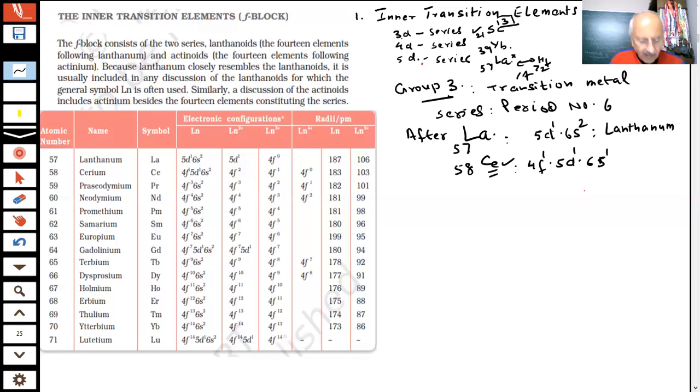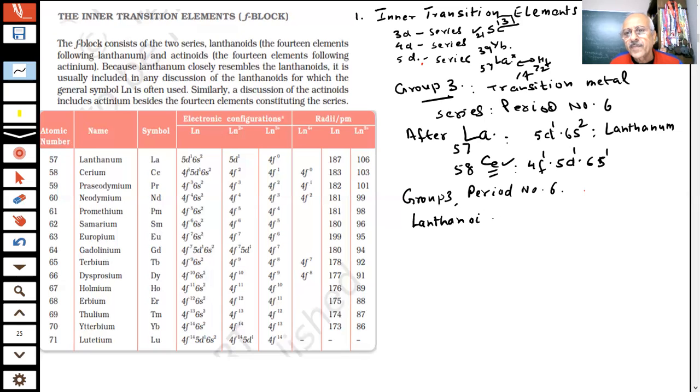So inner transition elements are those which are actually coming out from the transition series. The first inner transition elements which I am talking of are those coming from group 3 and period number 6, and that series is what we are calling the lanthanoids, students.